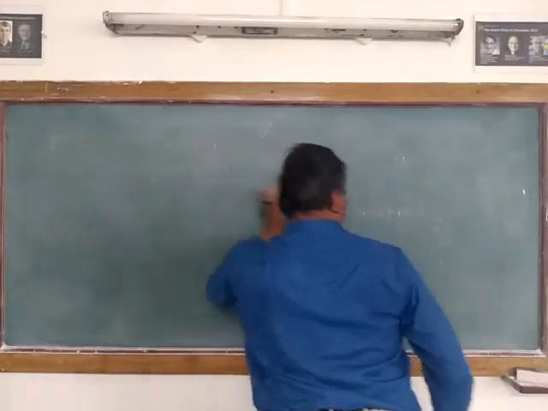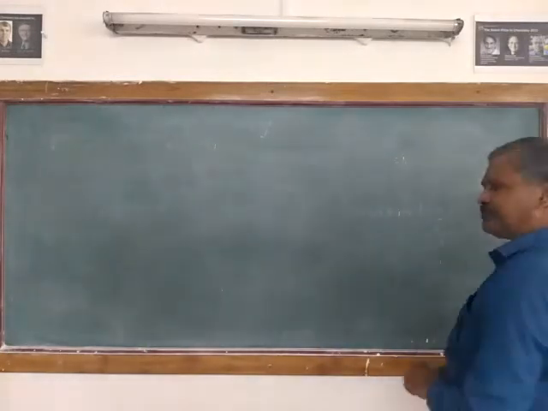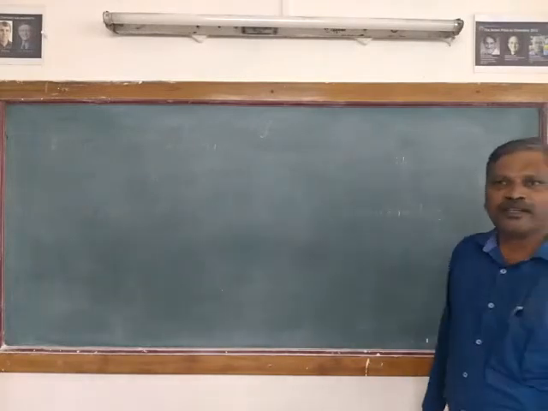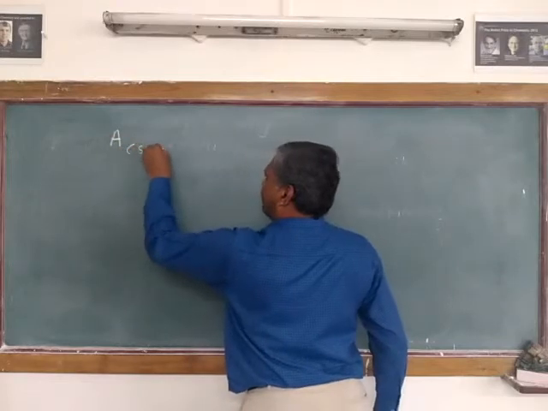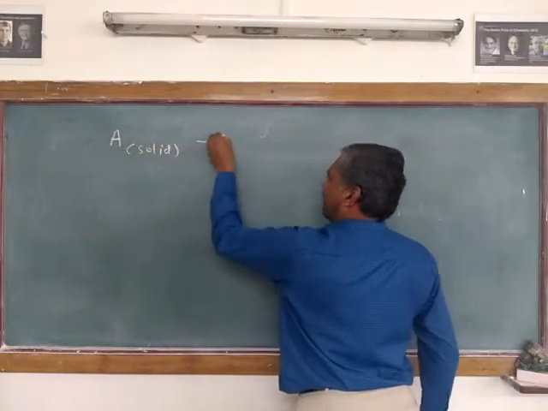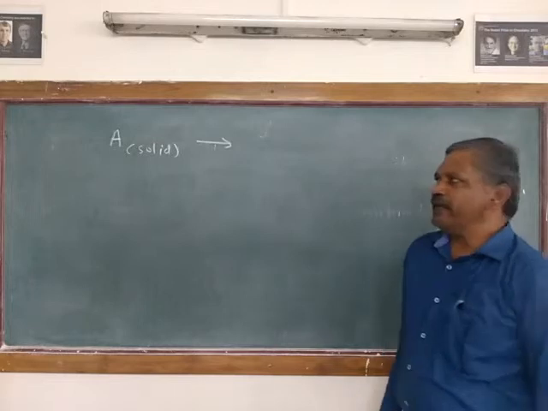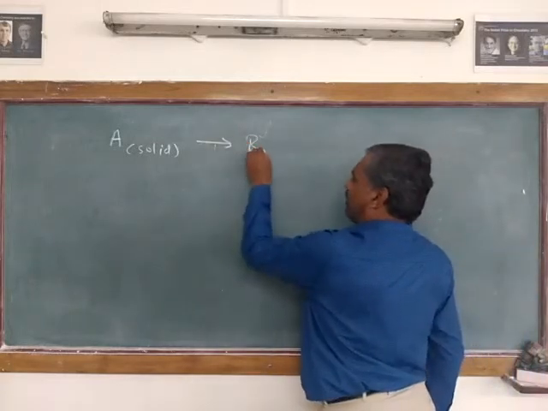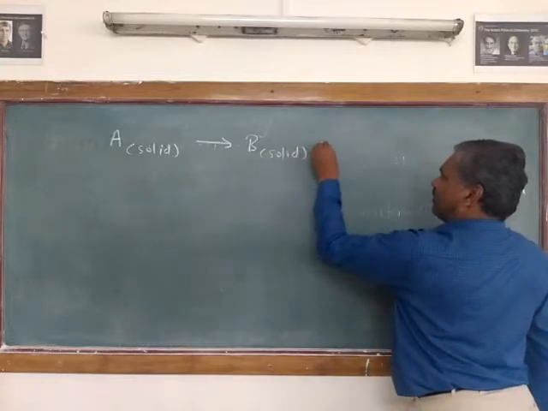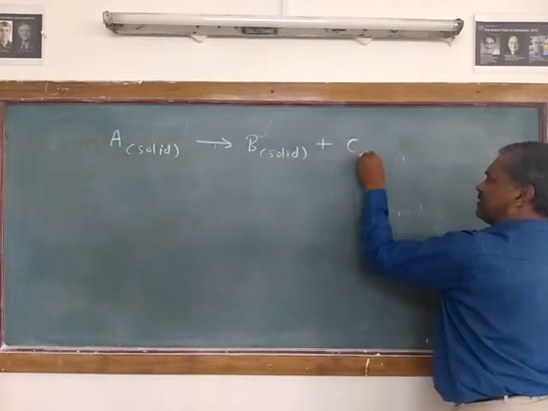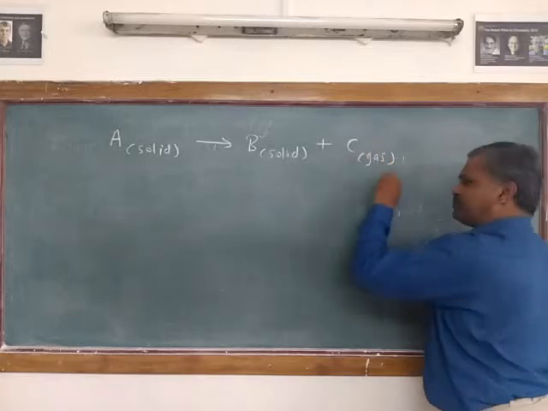The endothermic reaction of the decomposition of the solid, that can be considered as A, which is in the solid form, gets decomposed into B, another solid part, and C, some gases that get evolved.